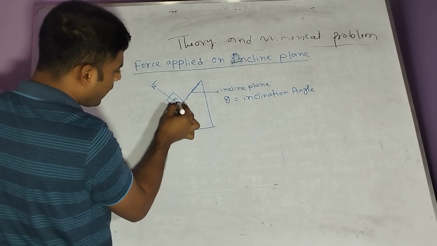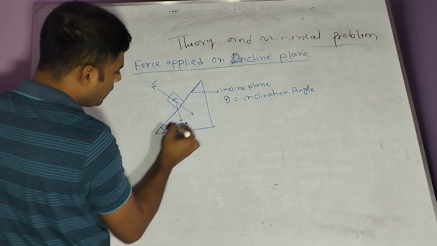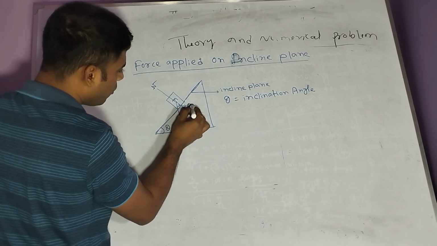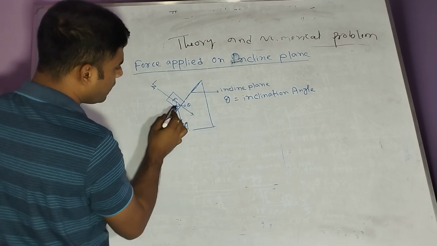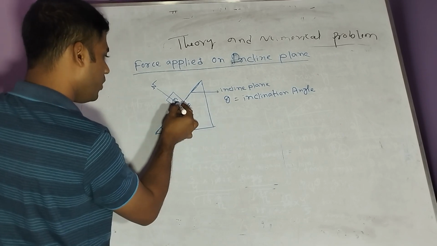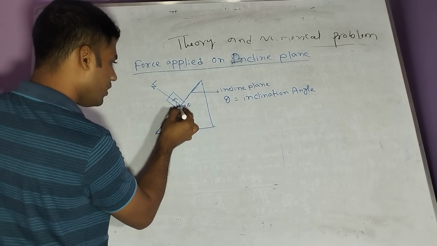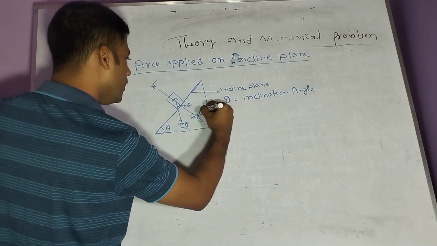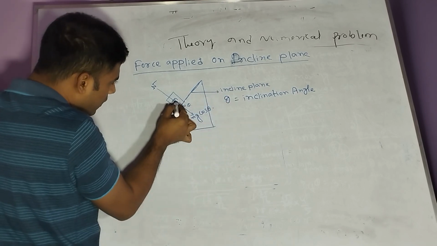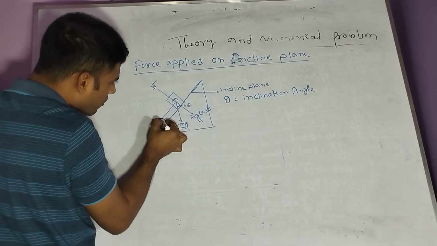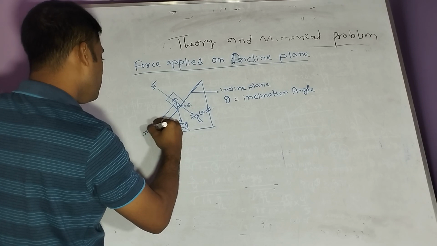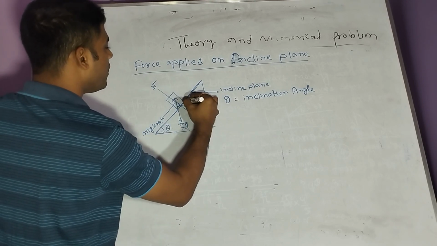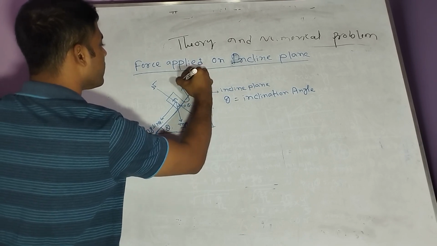Then we draw the angle, this portion theta, then this is also theta. This angle is the same as the inclination angle. So the vector mg has two components. The component with theta is called mg cos theta, and the other is mg sin theta. Also given is the coefficient of static friction, mu s.